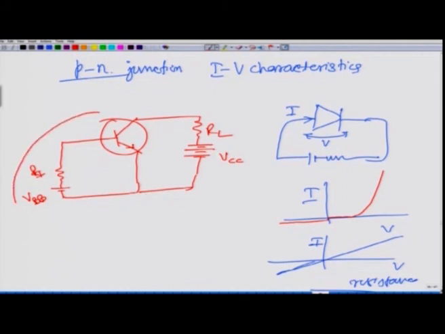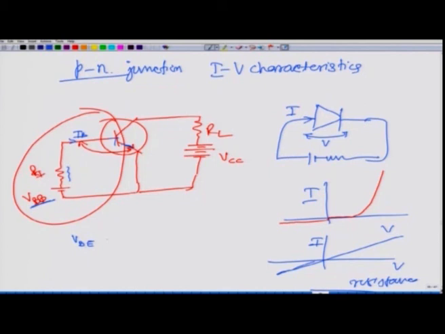If I talk of the input side and the voltage between this base and emitter, that is my input voltage VI, which is VBE. Of course, that VBE is slightly different from VBB because of this resistance here. If there is a current IB, then VBB minus RI times IB will be this VBE.